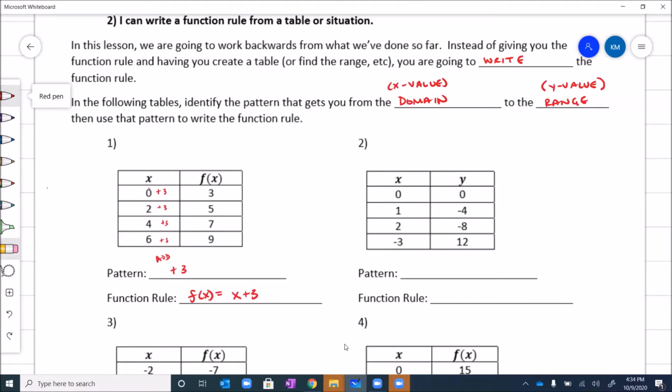How do I get from 1 to negative 4? It's not adding 0, so let's look at multiplication. Maybe I multiply by negative 4. That works. Negative 3 to positive 12, multiply by negative 4. That works. Negative 4 times 0 is 0. That works.